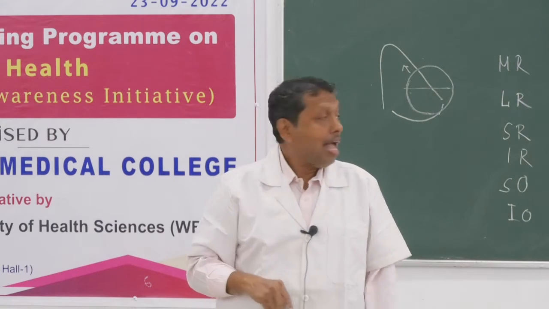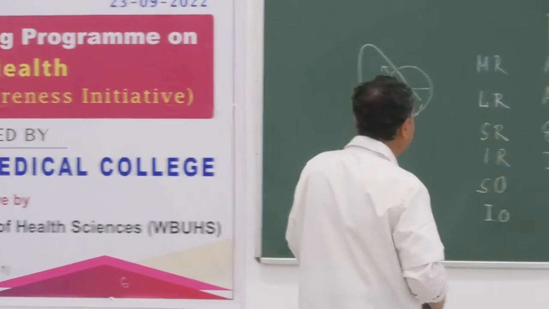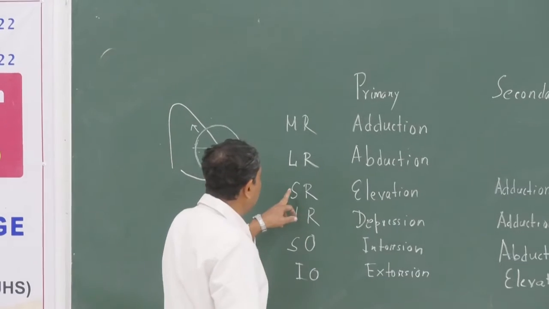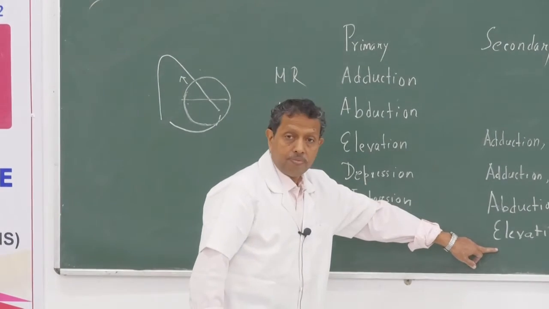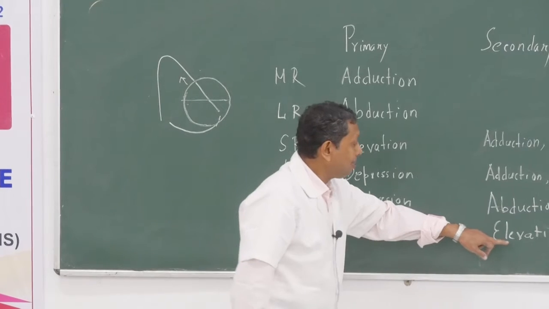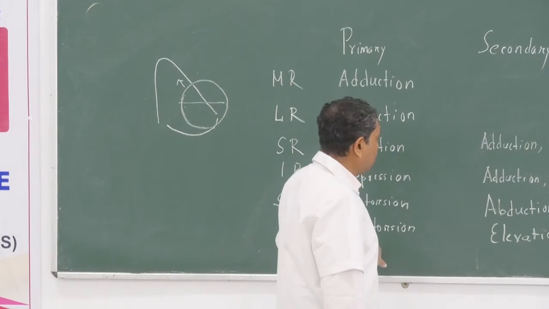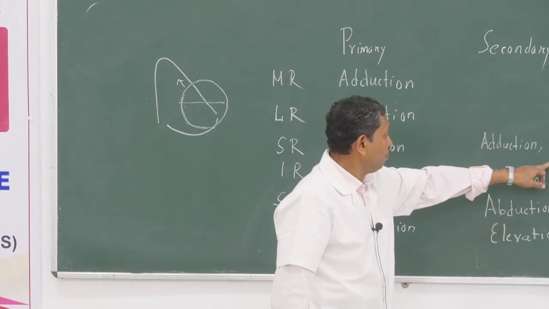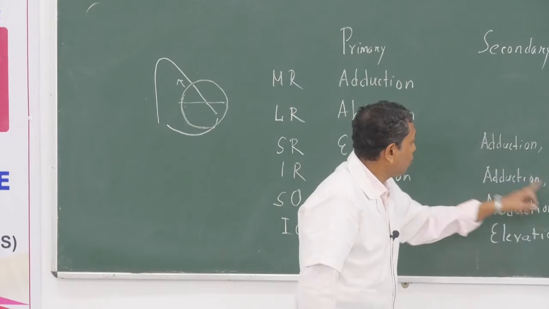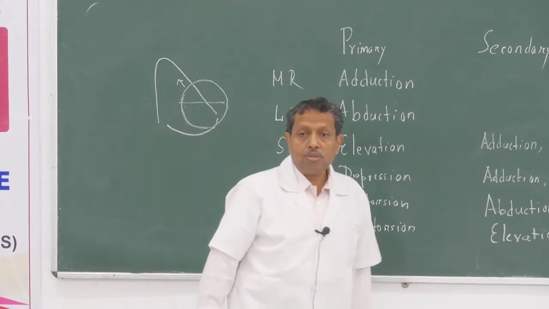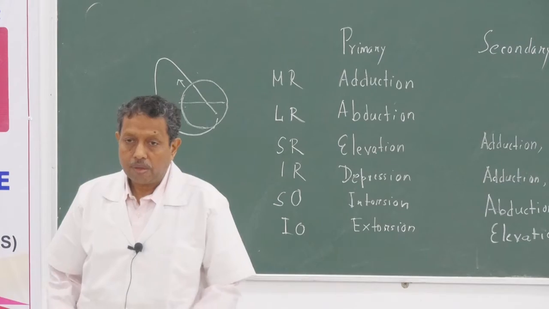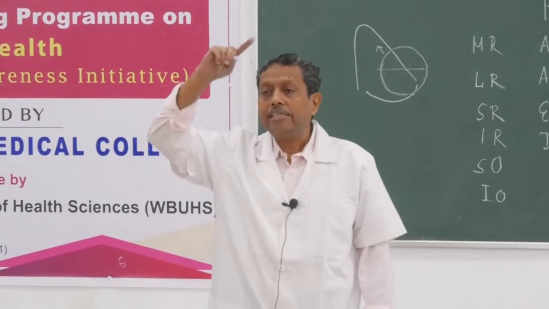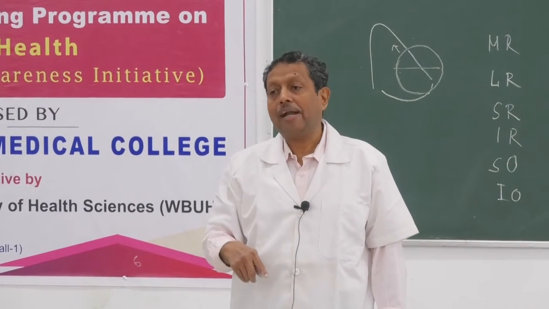It is the superior rectus and inferior oblique, and here elevation is common, and in that case this extorsion is inhibited by the intorsion, and the abduction by adduction. So they are mutually neutralized. And for this reason it is not done.